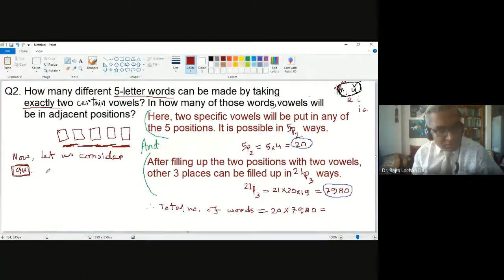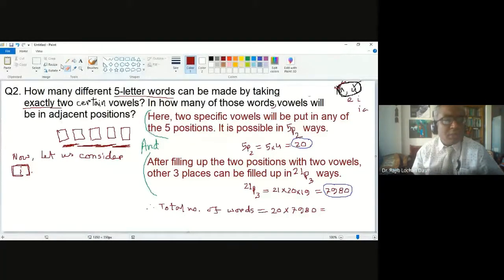Another thing you need to consider is that when they are joined together, it may be AU or it may be UA. That is also possible. So if you think about UA, then again a similar kind of consideration will come. So let us not write AU fixed. This is just any specific vowel. So we can use this box, but we are not writing specific AU.